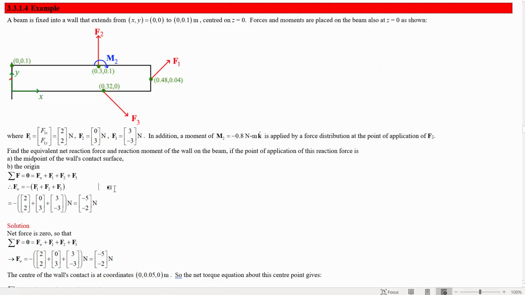Okay, so that looks good. That's what the wall has to be applying, regardless of where we end up putting it.